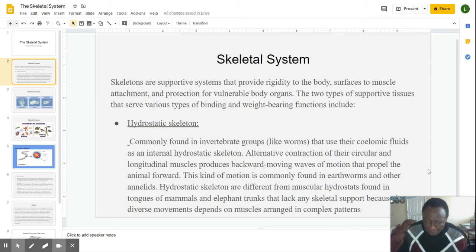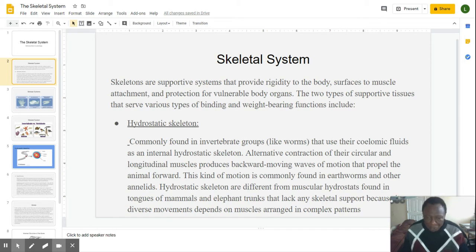It is also important to note that the hydrostatic skeleton is different from the muscular hydrostats as found in our tongues. Our tongues don't have any skeletal support, and neither do the trunks of elephants.